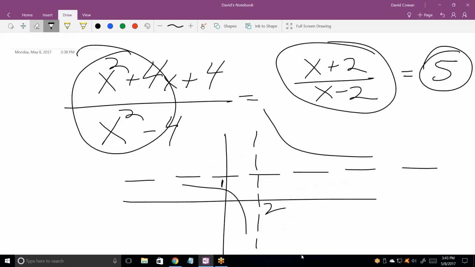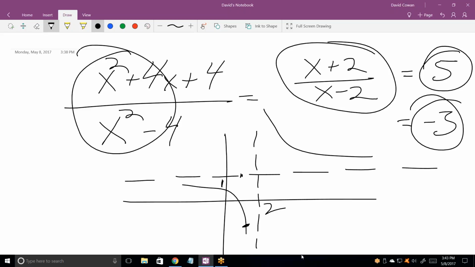Now, if my life depended on it, I might be inclined to put in a value of x equals 1. Well, that would give me 3 over minus 1, which is minus 3. So when x equals 1, am I way down here? Yes, I am. So I know I'm right now. And that's the best way to do it.